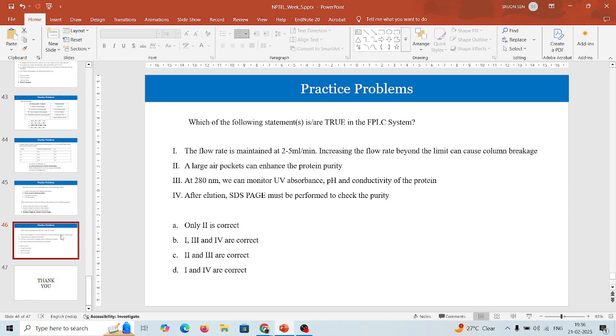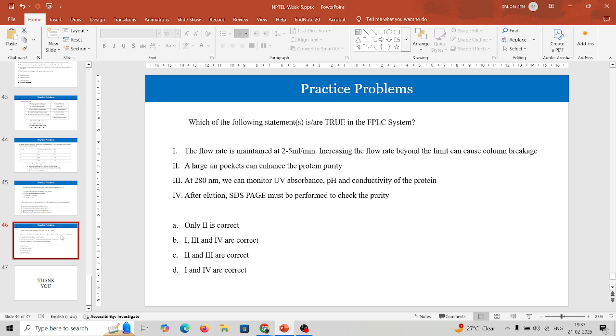So you can perform affinity chromatography by connecting the column to this fast protein liquid chromatography, and the pump maintains a flow rate. The composition of the protein or the buffer that you're using is according to the type of chromatography that you want to use. You can also do an ion exchange chromatography or an affinity chromatography.